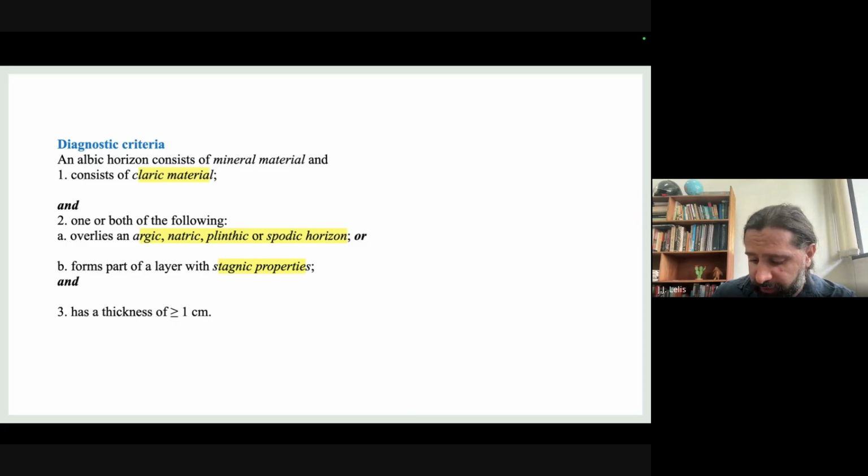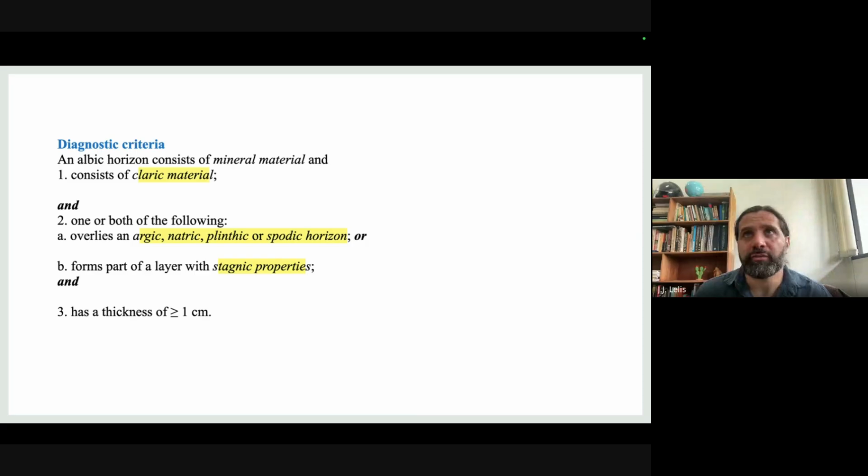The Albic horizon should express cleric material, and cleric material, according to WRB, is described as a material with whitish colors. So it should register high values, and/or the color of the soil should be directly connected to the sand fraction.